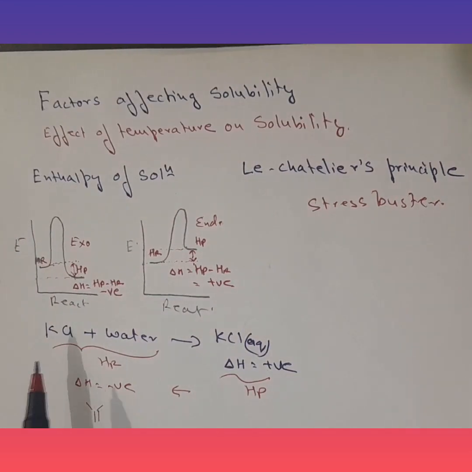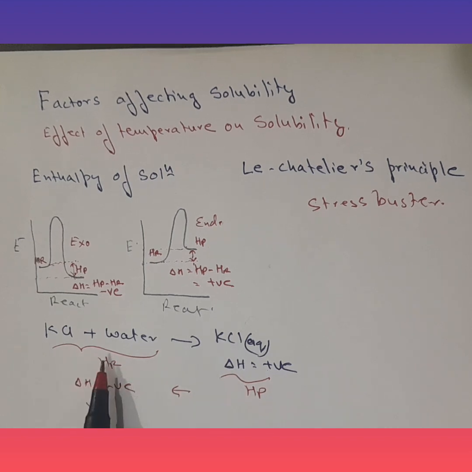Thus, we expect solubility to increase in case of endothermic reactions with rise in temperature. Alright, solubility increases with rise in temperature as per stress buster or as per Le Chatelier's principle.